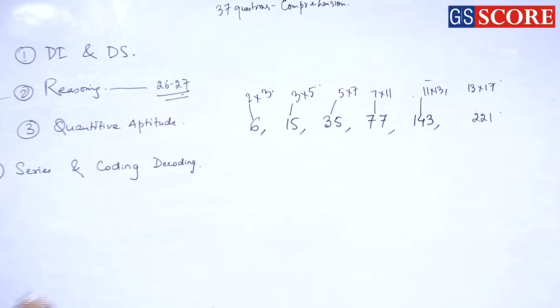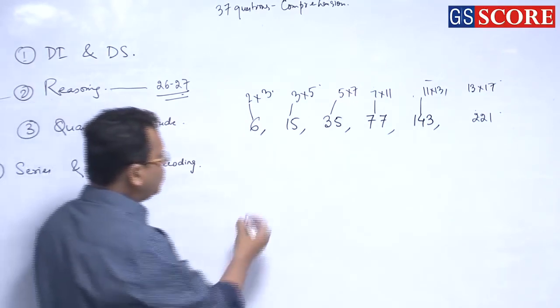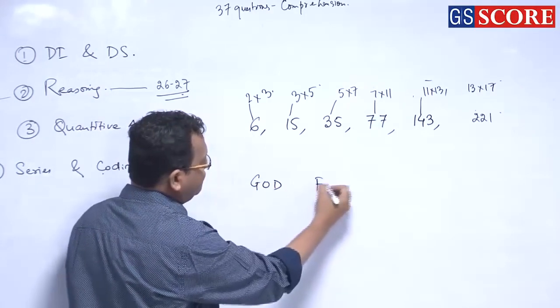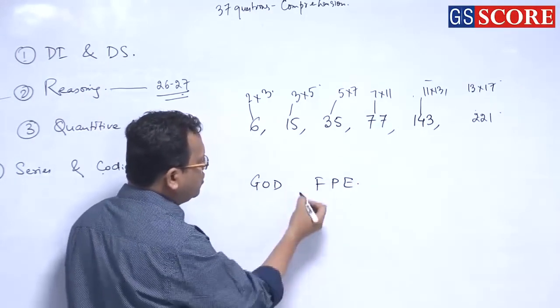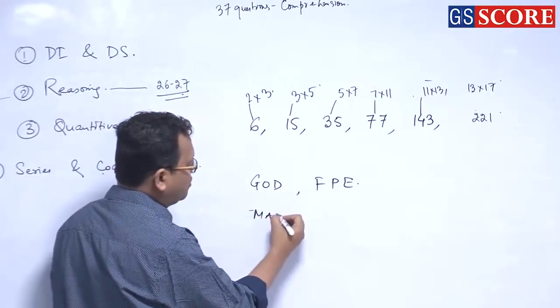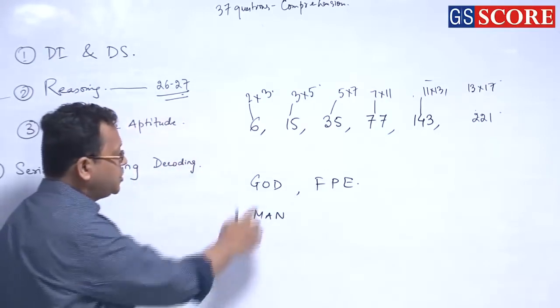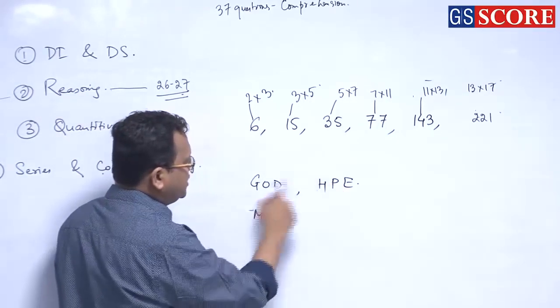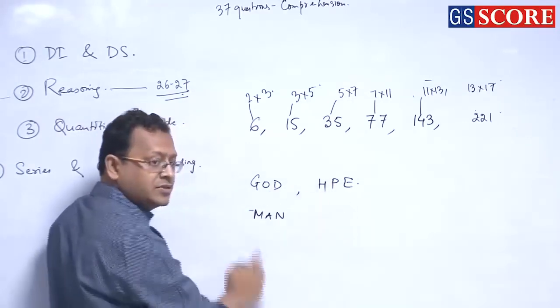A coding decoding kind of question is a much easier topic as compared to series. Coding decoding means if the code for, say, God is HPE, what is the code for any other word, say man? So what is the next letter?